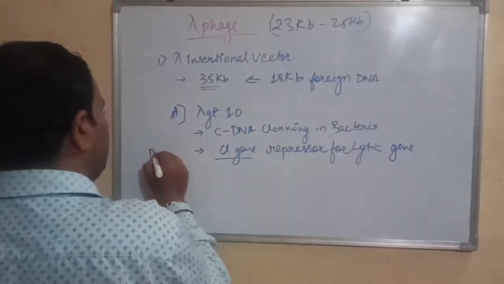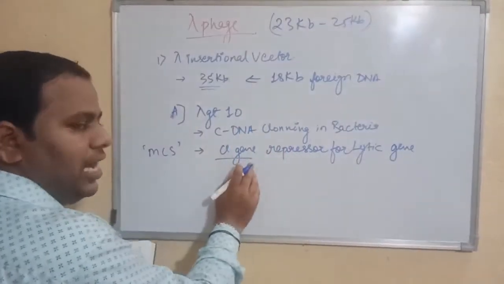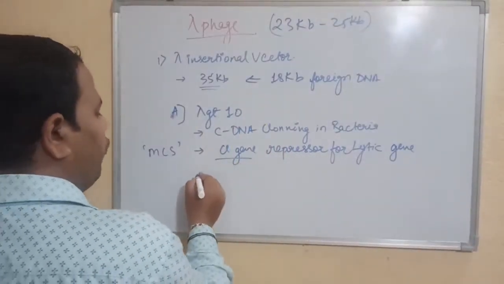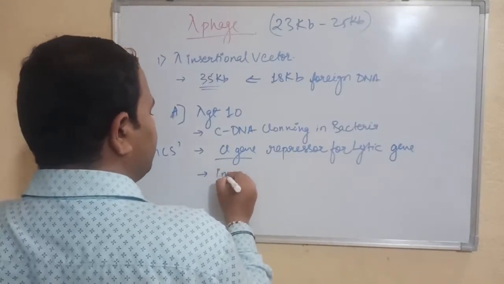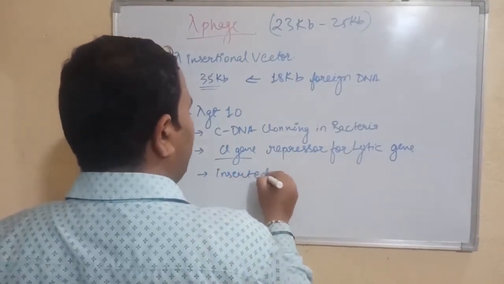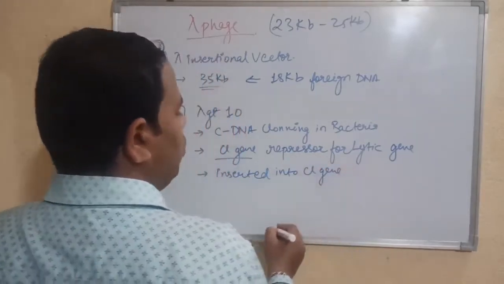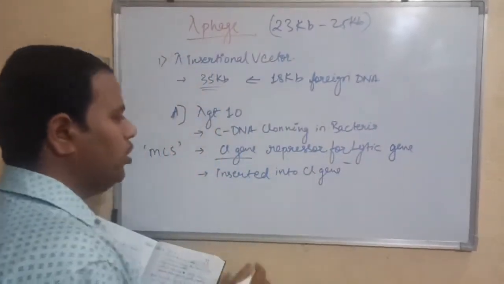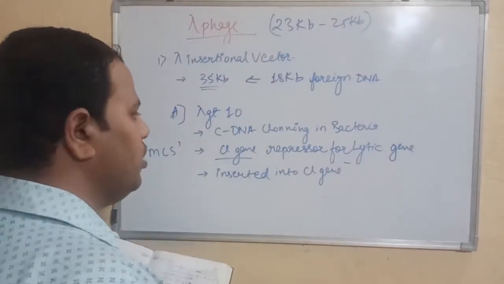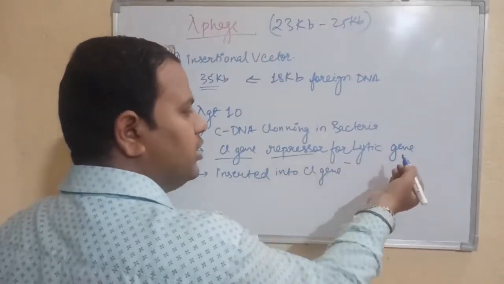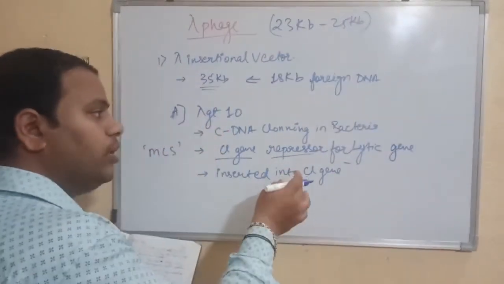There is a multiple cloning site in the cI gene. The foreign DNA fragment is inserted into the cI gene, so it will become cI negative, meaning the cI gene is insertionally inactivated. Now it is not going to produce the repressor, and the cell will go for the lytic cycle.